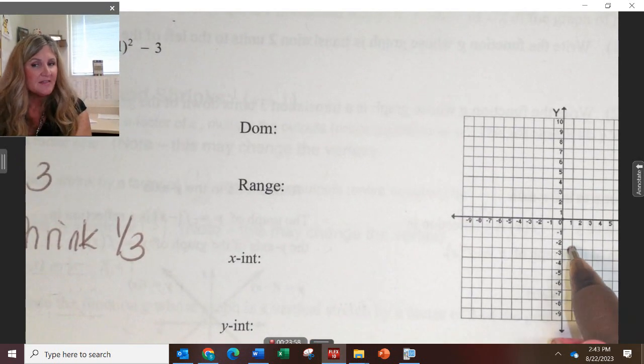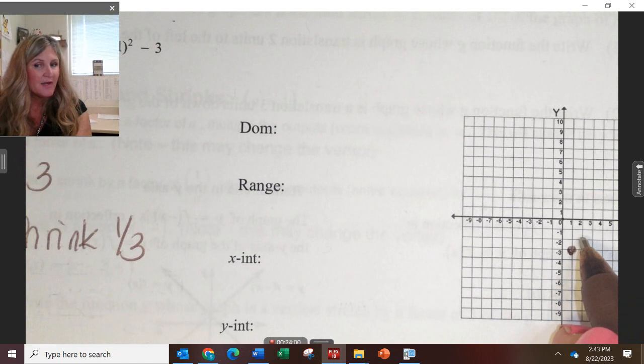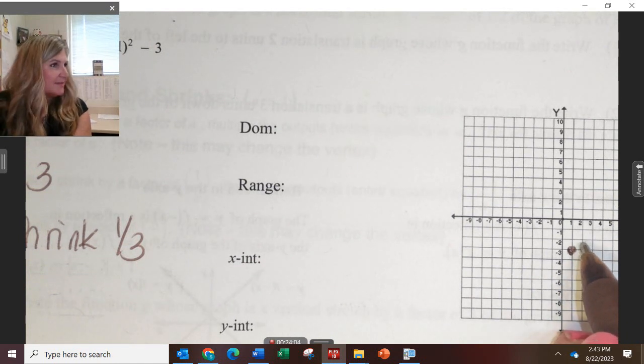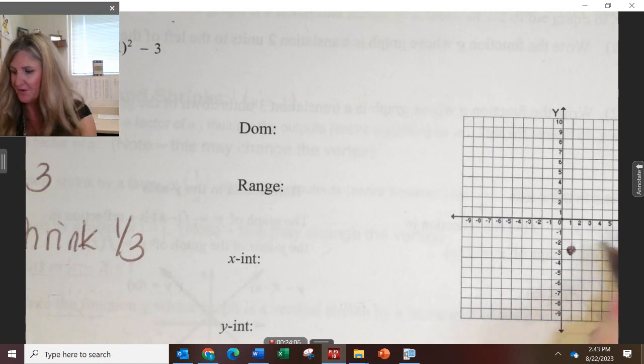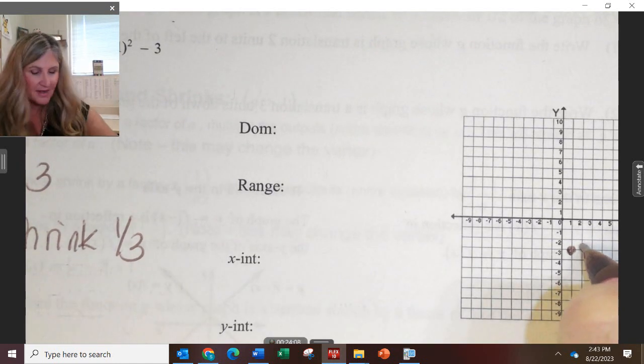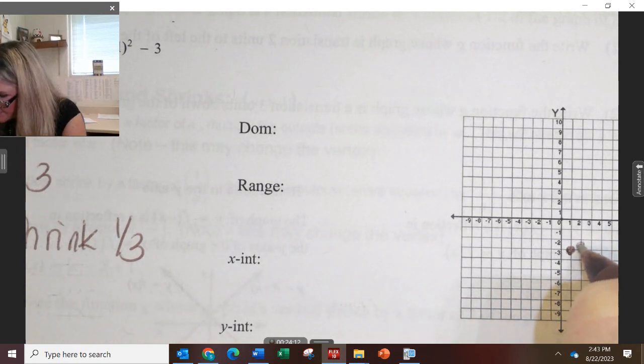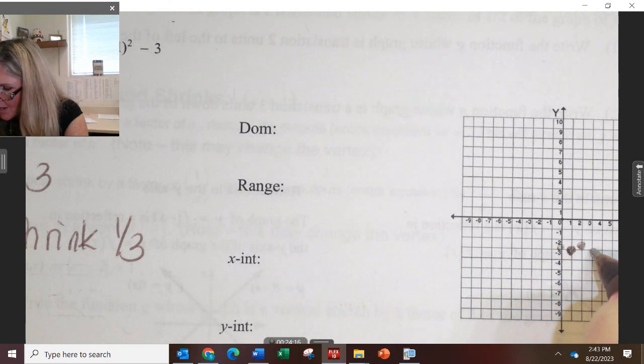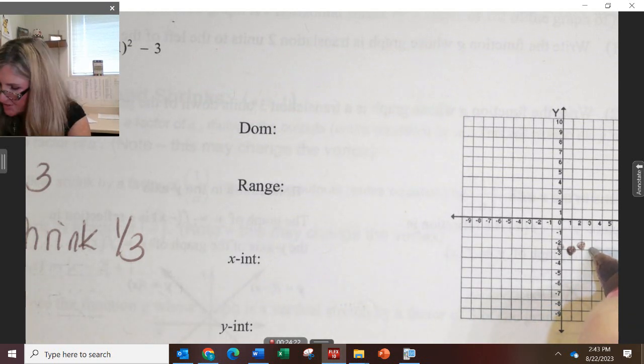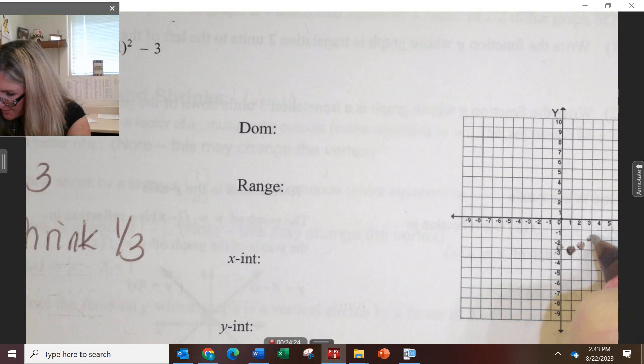So what that means is if I go out 1, instead of going up 1, I'm going to go out 1 and up, what's 1 times 1/3? 1/3. So I'm going to go out 1 and up 1/3. If I go out 2, I normally go up 4, but now I'm going to go up 4 times 1/3, which is 1 and 1/3.